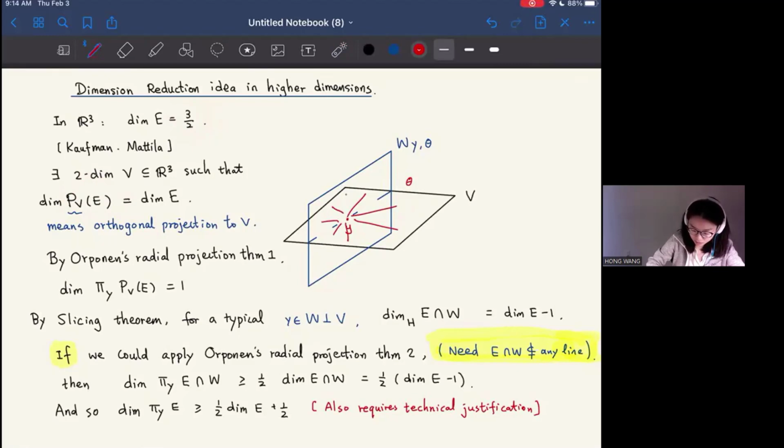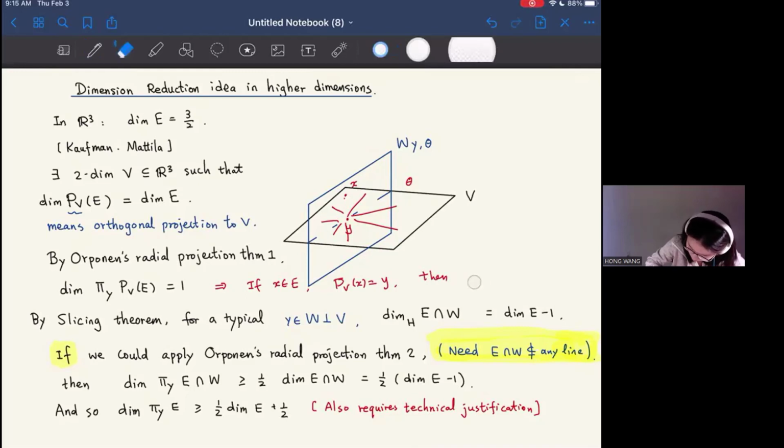And then we lift up. X is an actual point in E, but we know that if X in E and P_V X equals Y, then the radial projection π_x E from X has dimension greater or equal than 1.